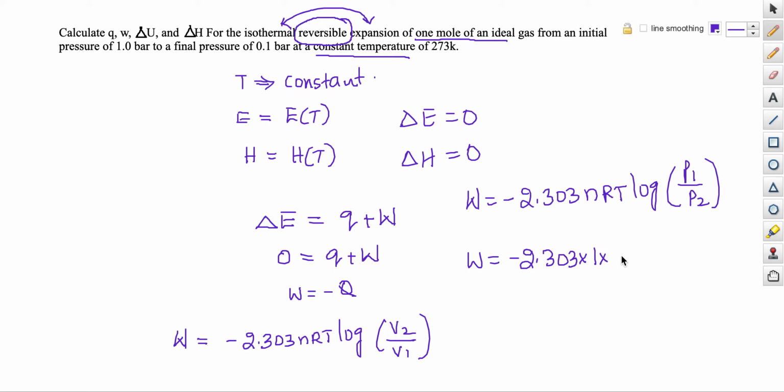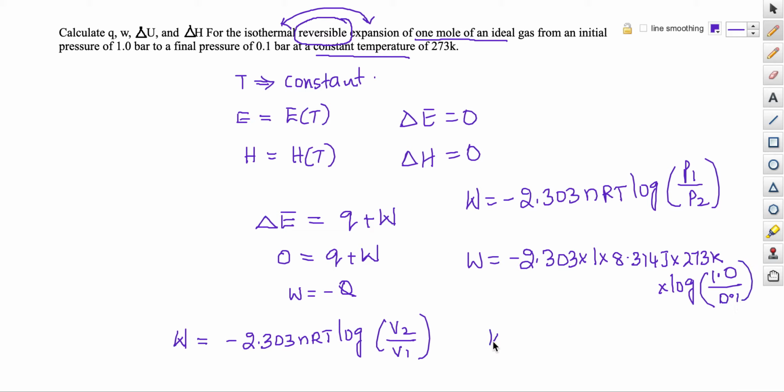So here I am taking 8.314 for joules, times the temperature given, 273 K, times log of the final pressure 0.1 and the initial pressure 1.0, where P1 is the numerator, P1 divided by 0.1.